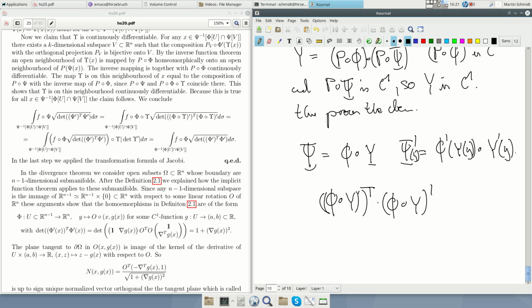By the chain rule, this is phi prime times upsilon prime, transposed, times phi prime times upsilon prime. And here the transpose reverses the order, so we get upsilon prime transposed, phi prime transposed, phi prime, upsilon prime.